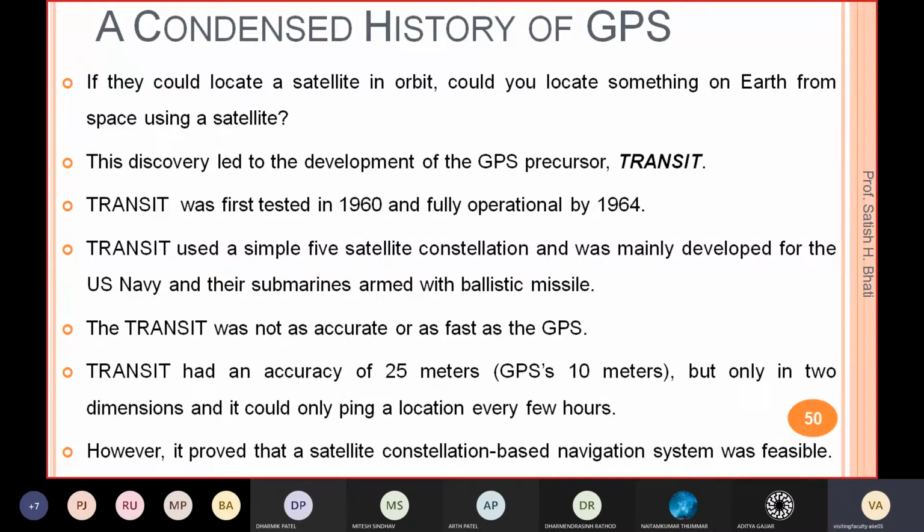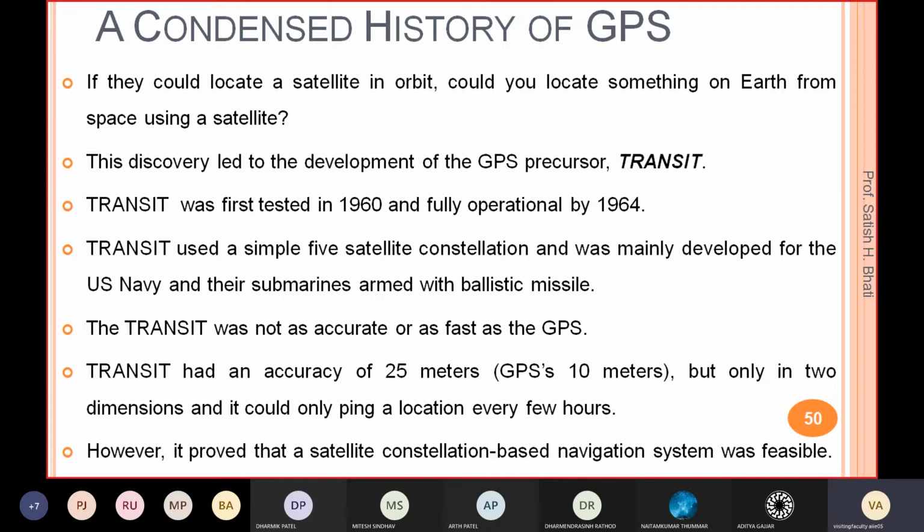Transit had an accuracy of 25 meters, and nowadays GPS has an accuracy of 10 meters. And Transit was only able to give the location in two dimensions, and whatever location was given by Transit was pinged after a few hours.